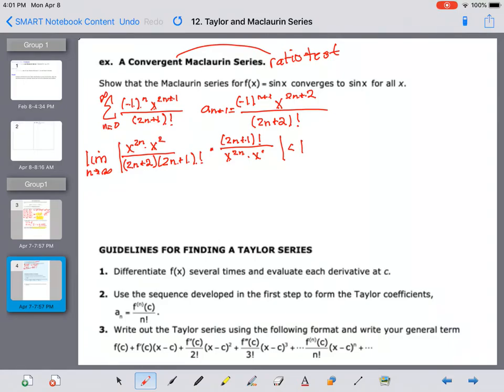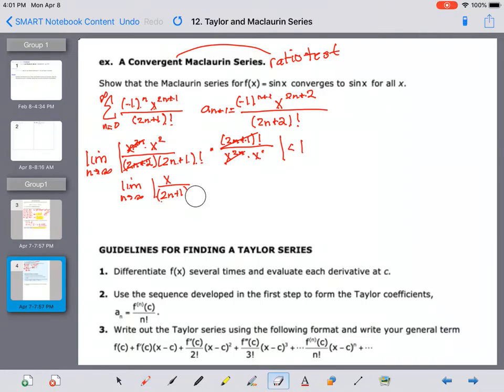Okay, so now it's just about a bunch of algebra. So we're going to cancel out a whole bunch of things. So that cancels out, that cancels out, and we're left with the limit as n approaches infinity. We have an x squared on top and x on bottom, so x by itself, (2n plus 1) factorial. Oh, no, I'm sorry, I canceled out the wrong one.